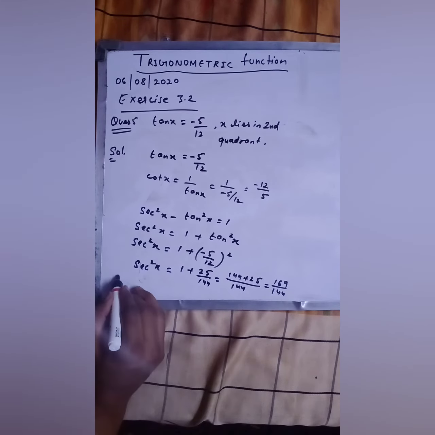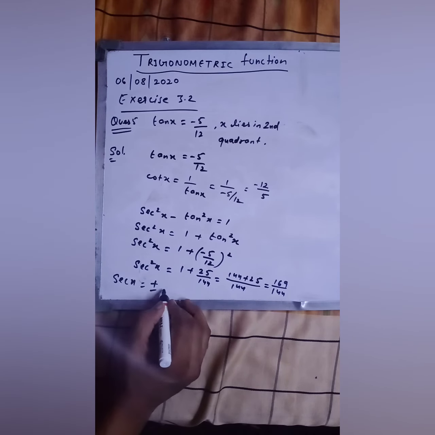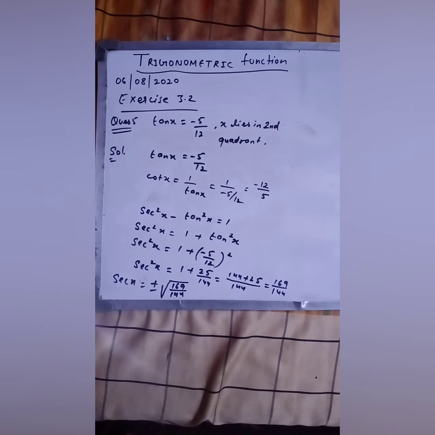Okay, so your sec x would be plus minus under root 169 over 144. Fine. Here sec x is plus minus, you will get 13 by 12. Fine.